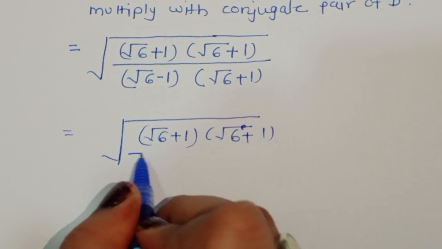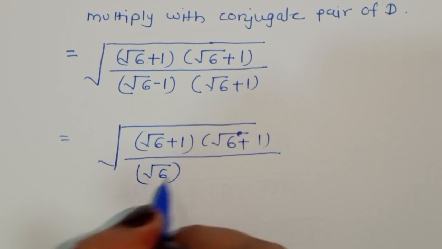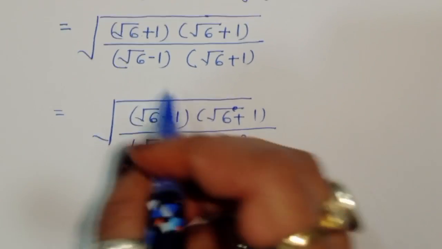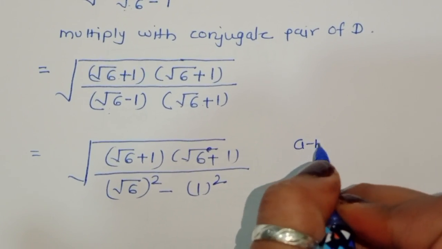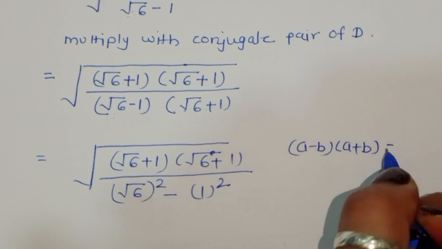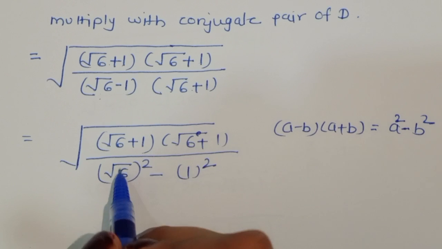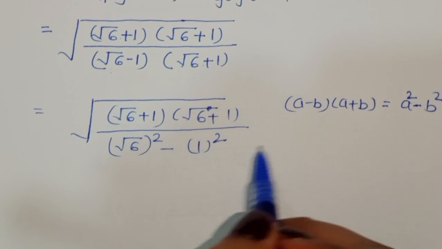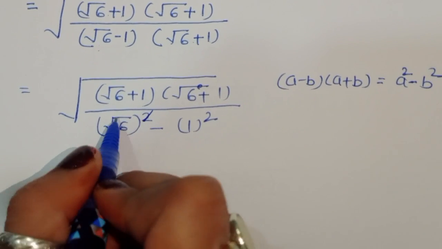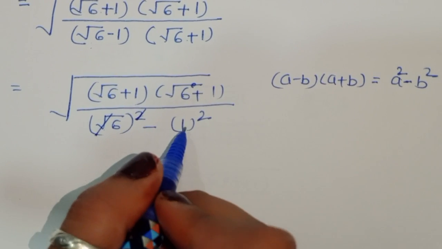In the denominator, we have a minus b times a plus b, and the value of this is a square minus b square, where a is square root of 6 and b is 1. The square cancels the square root, so the left term is 6 minus 1.